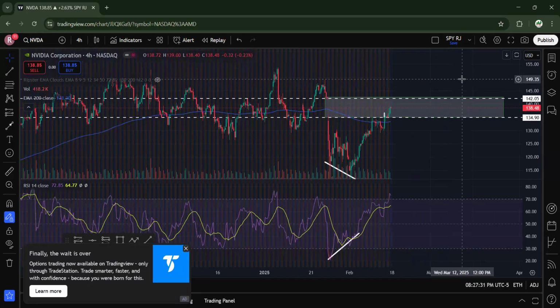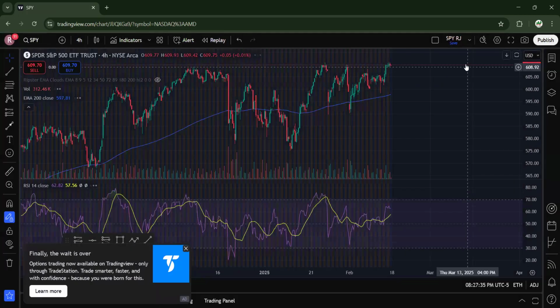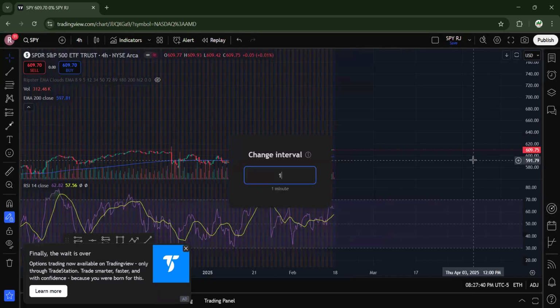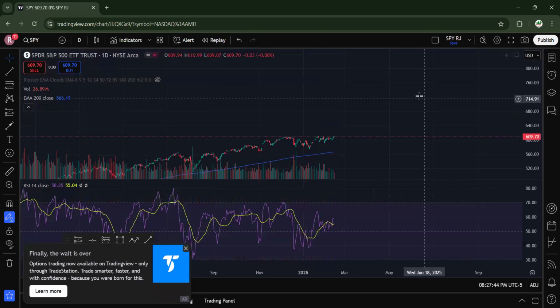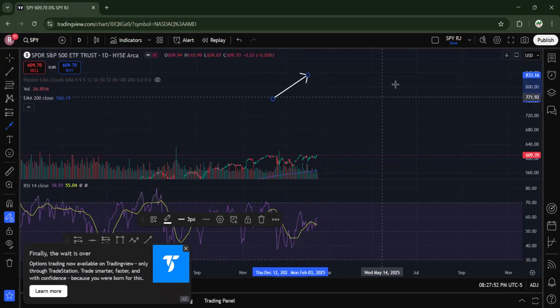Okay, that's bullish divergence. Now, the flip side of that is bearish divergence, right? So bearish divergence is a lot of the same. It literally is just changing because the stock price on the bearish divergence will be going upward, but the RSI will be going downward.